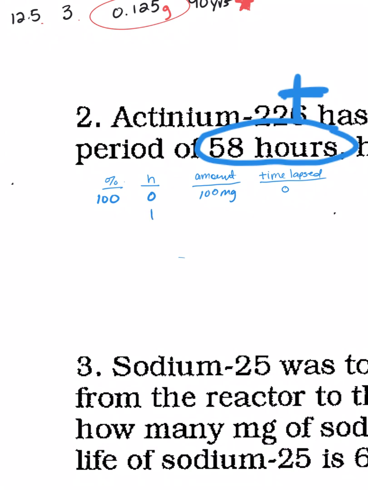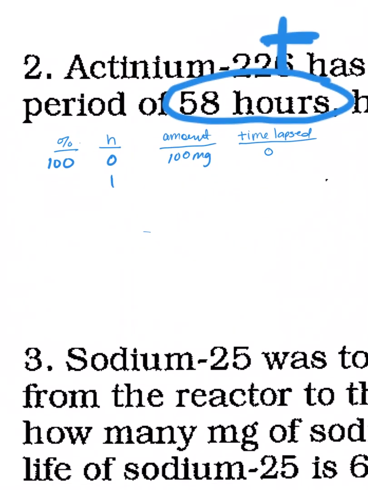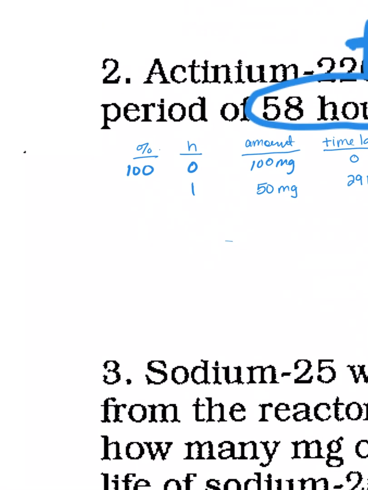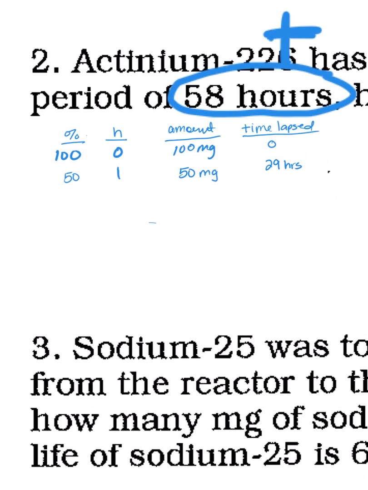And it says that 1 half-life takes 29 hours. So the time lapsed in 1 half-life is 29 hours, okay? So what that means is this 100 has halved. So we now have 50 milligrams, and we went from 100% to 50%, okay?